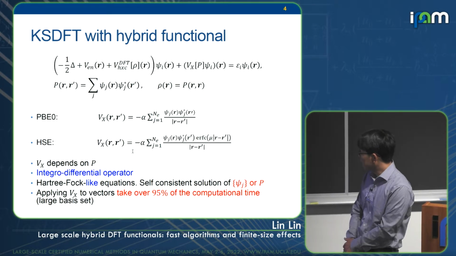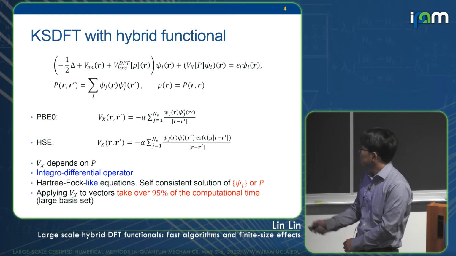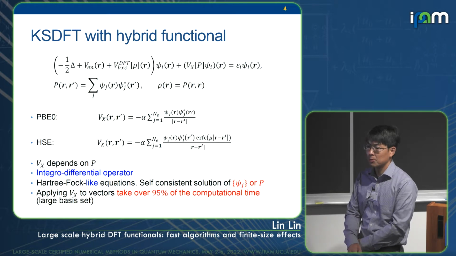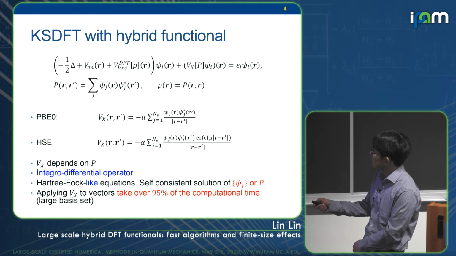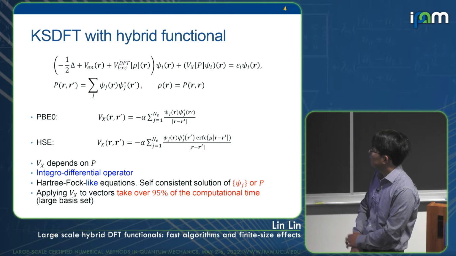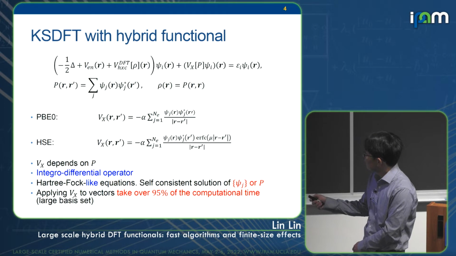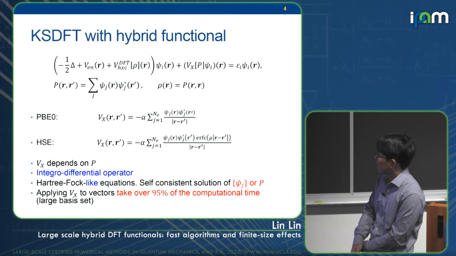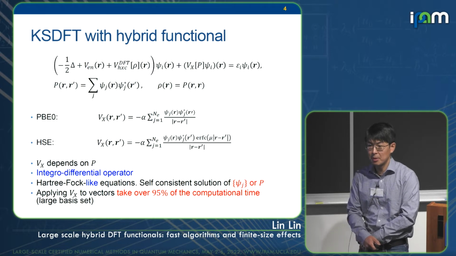Kohn-Sham DFT with hybrid functional, on the other hand, is a totally different beast. It's more like a so-called integral-differential operator. You still have the Laplacian, electron-nuclei, and Hartree exchange correlation parts, but those are from the GGA or meta-GGA level. And here you have this non-local operator that not only depends on the electron density, but also on the density matrix.